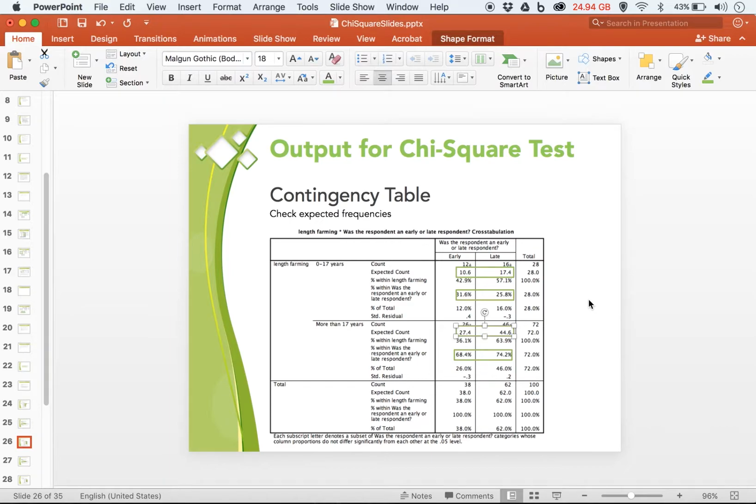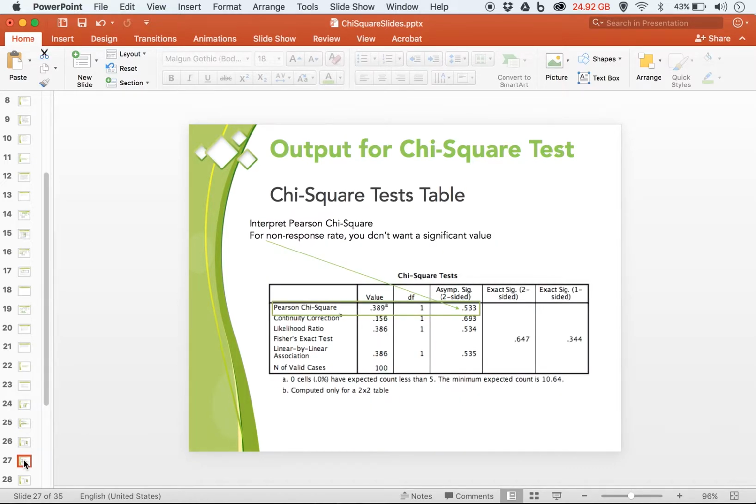First thing you're going to notice is that we have enough counts for all the categories, so we don't have to worry about that. And we've met that assumption, so we can look at the chi-square test. Here we have a chi-square value of 0.533, which is greater than our alpha that we set at 0.05.